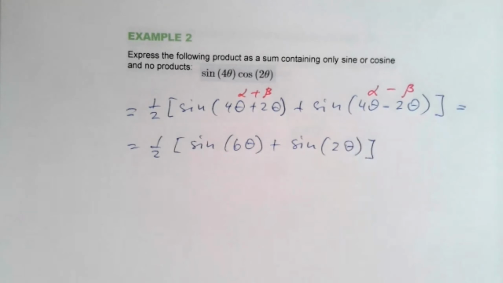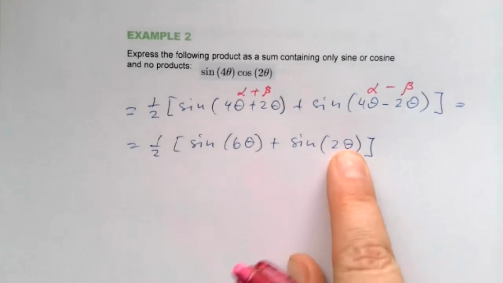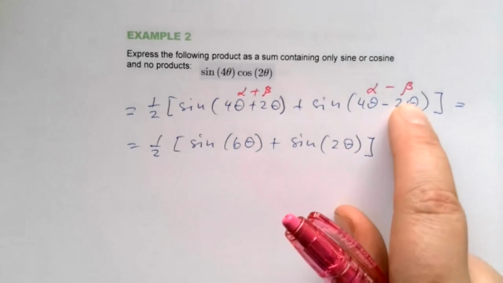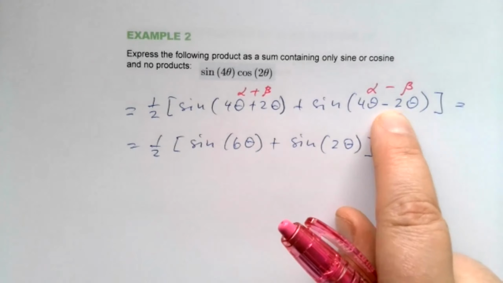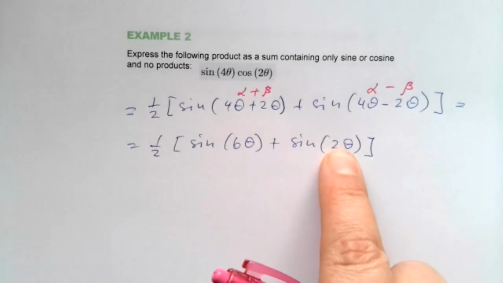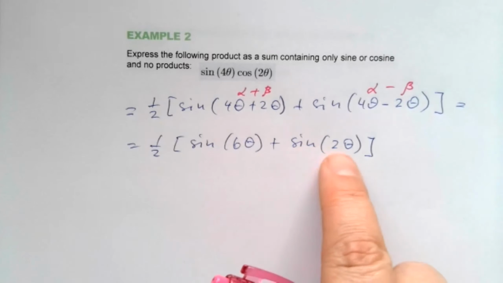Now with the minus, it's different, right? So we got 2 theta, but if we did the opposite, 2 theta minus 4 theta, we'll get a negative 2 theta. And the sine of 2 theta is not the same as the sine of negative 2 theta.